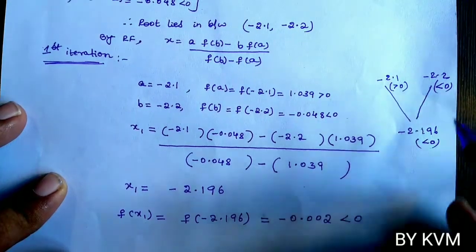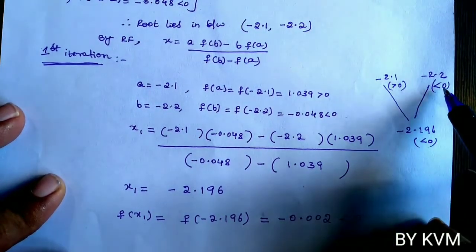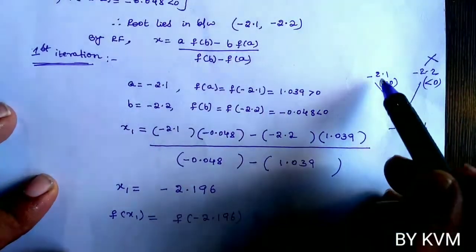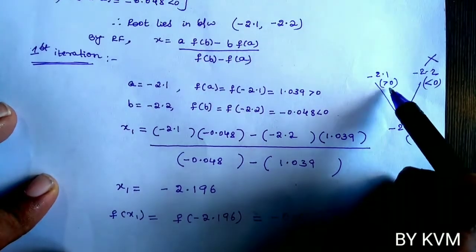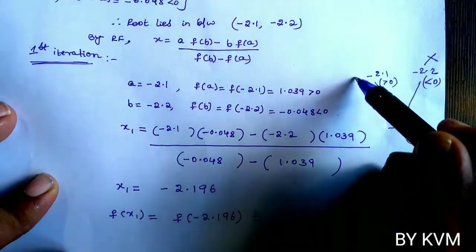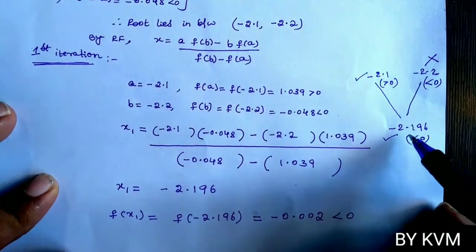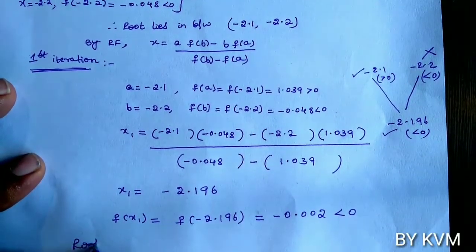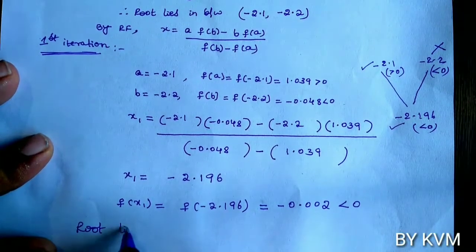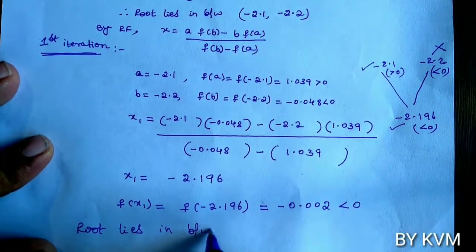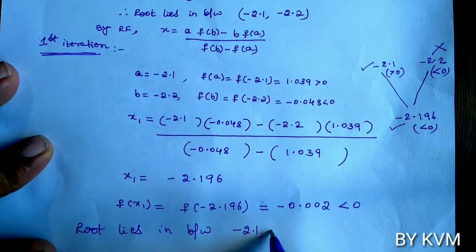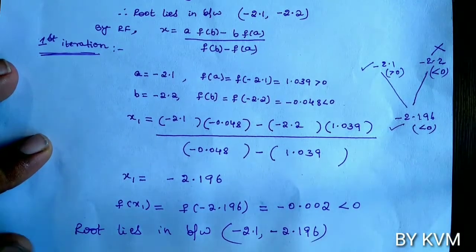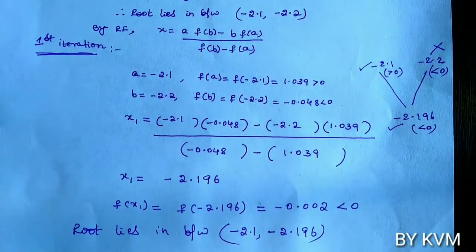So if you take minus 2.2 and minus 2.196, the functional value is less than 0 for both, so the intermediate value property fails here. Take minus 2.1 and minus 2.196: one value is greater than 0, another value is less than 0. So the intermediate value property is satisfied. So the next root lies in between minus 2.1 and minus 2.196.